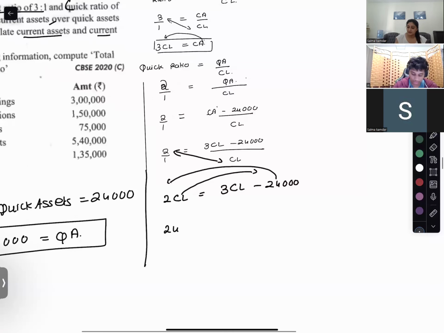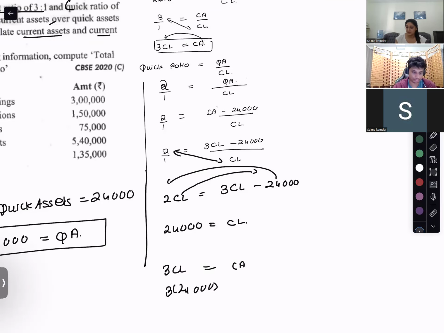CL equals 24,000. So 24,000 is equal to current liabilities. Now I know 3CL is equal to CA. So 3 into 24,000 is equal to current assets, 72,000. So 72,000 is equal to current assets.